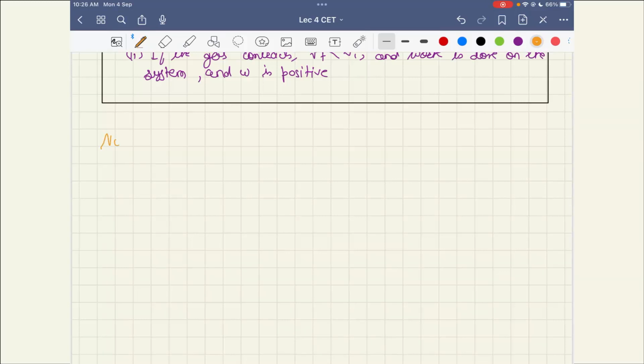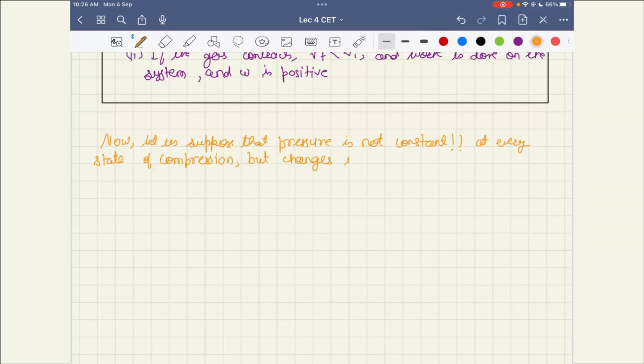So now let us suppose that pressure is not constant at every stage of compression, but changes in a number of finite steps, right?